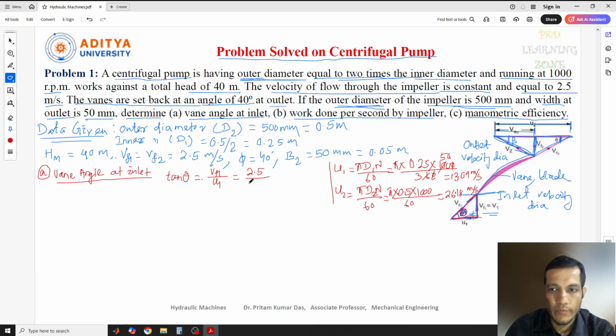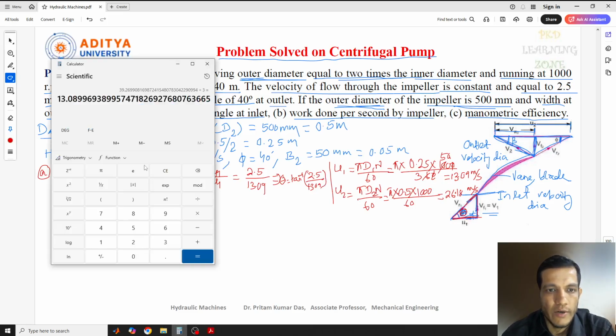So we can put the value 13.09 here and find out tan theta. So theta equals tan inverse of 2.5 divided by 13.09.